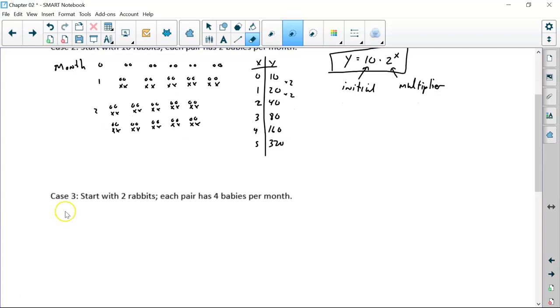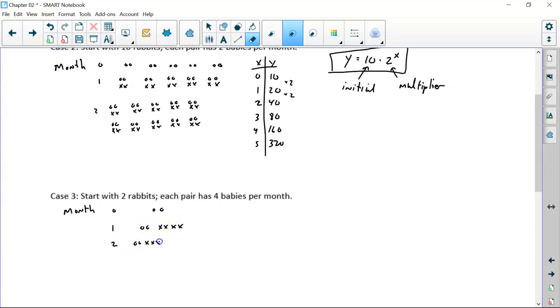Just to give it a quick sketch, here's our month 0. We start off with 2 rabbits. In month 1, they have 4 offspring. So start off with 2 rabbits and then 4 offspring. Month 2, now we have 1, 2, 3 sets.